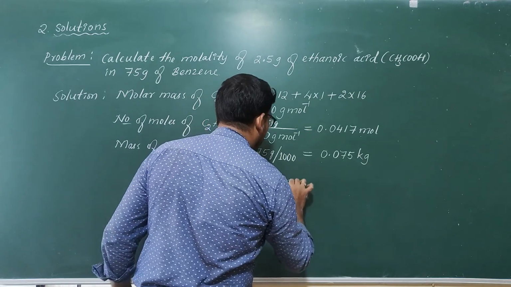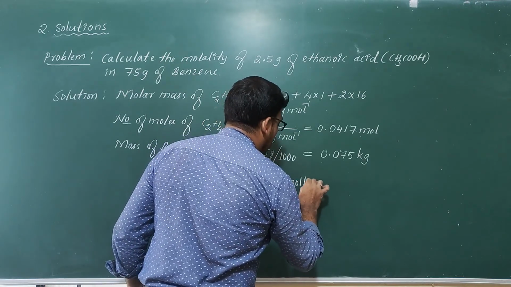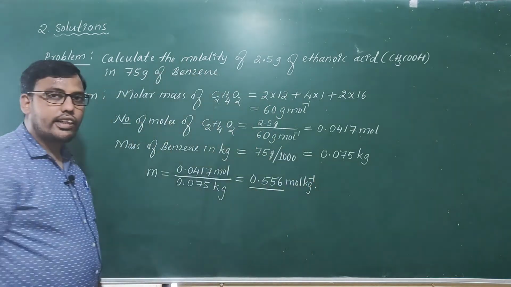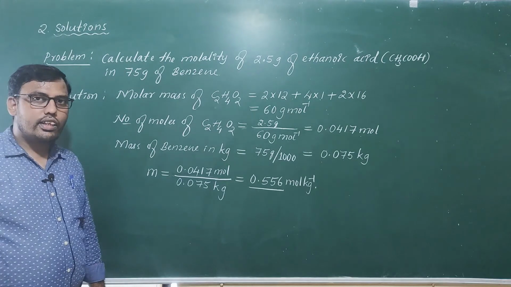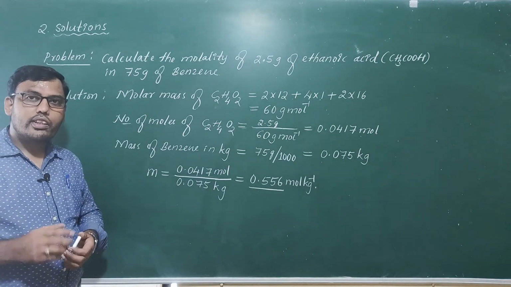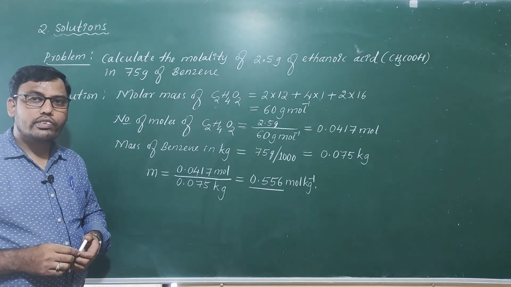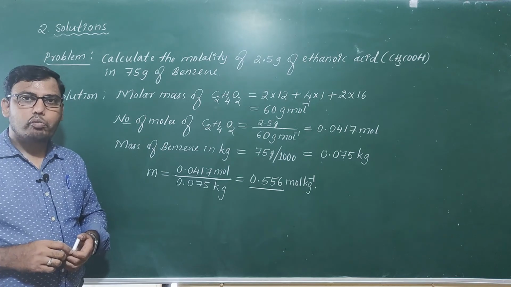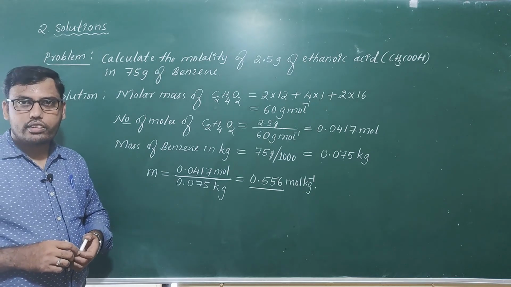What is the unit? Mole per kg. So 0.556 mole per kg is the solution for this problem. So these types of simple 2-mark problems may be asked in theory, as well as you may get such types of problems in CET also.